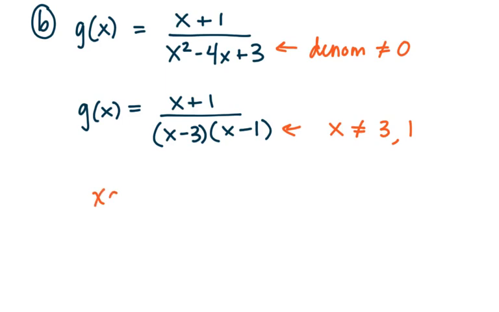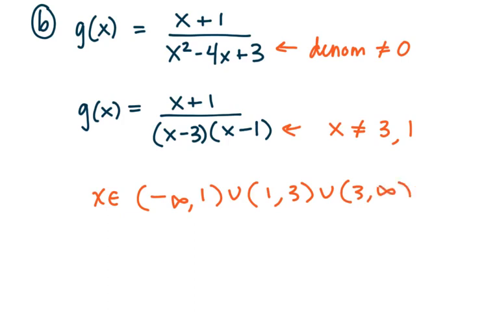So the interval over which this function is continuous would be anywhere where x is from negative infinity to 1, union the interval 1 to 3, union the interval from 3 to positive infinity.